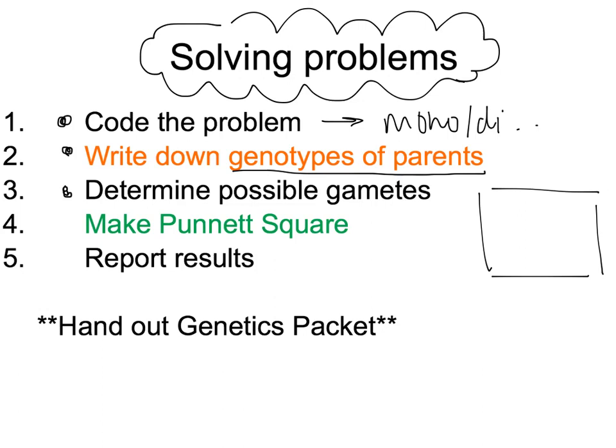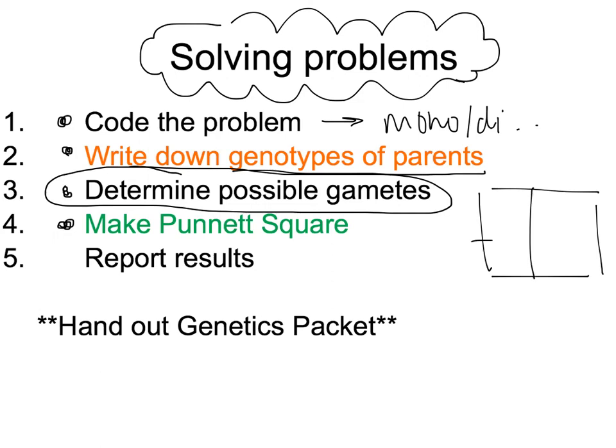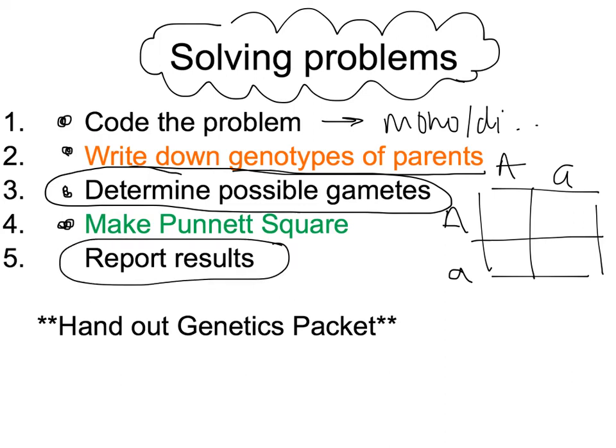When I say determine possible gametes, once again, that is figuring out which are the possible alleles that they can give to their offspring. You're going to make your Punnett square, okay, with your gametes across the top. It's again like this. And then you report your results, either in percent, in fraction, or the ratio.